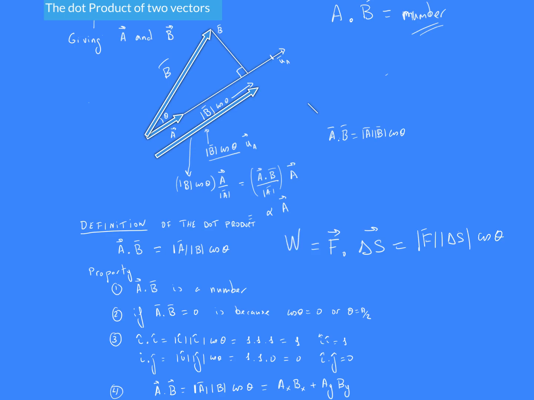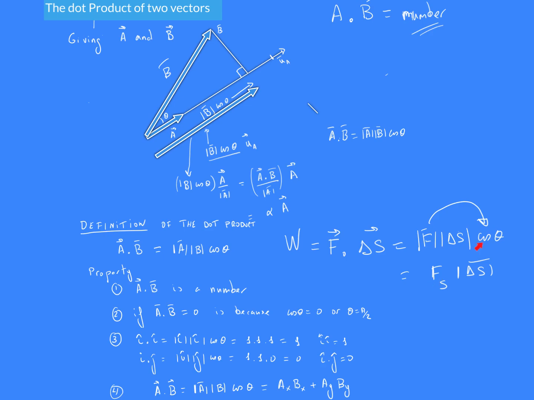It's the same definition. So the work is the force in the direction of the displacement, F cosine of theta, by the magnitude of the displacement. If theta is between 0 and pi divided by 2, cosine of theta will be positive, so the force in the direction of the displacement will be positive.